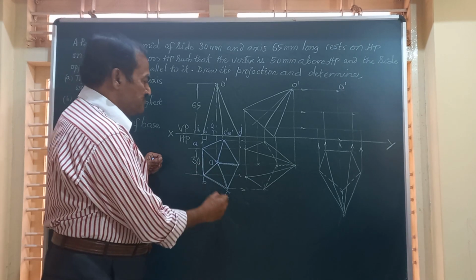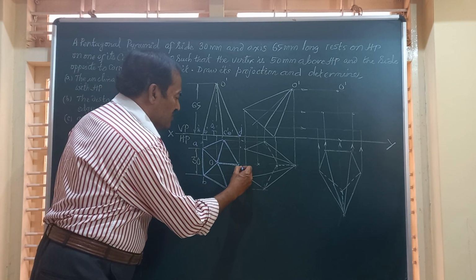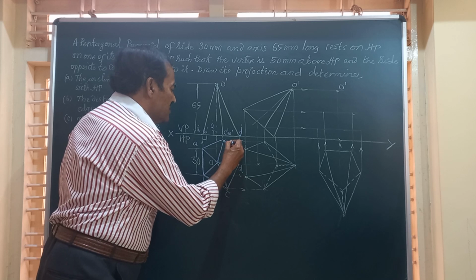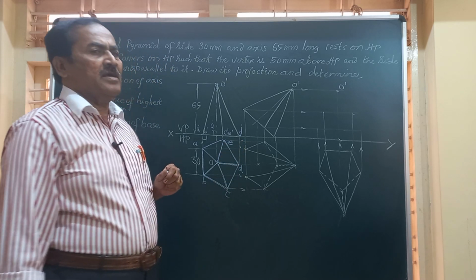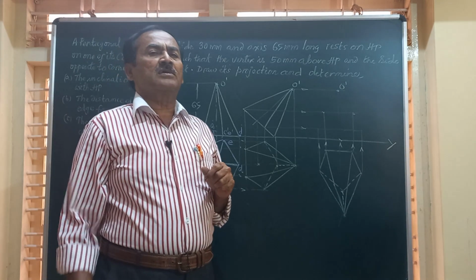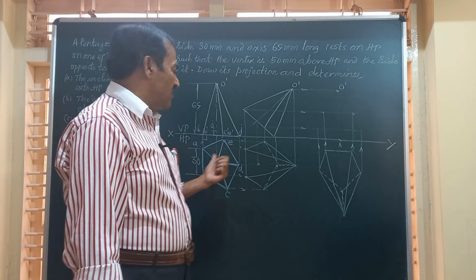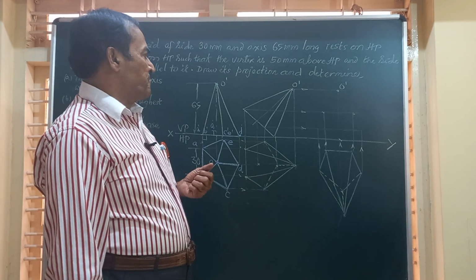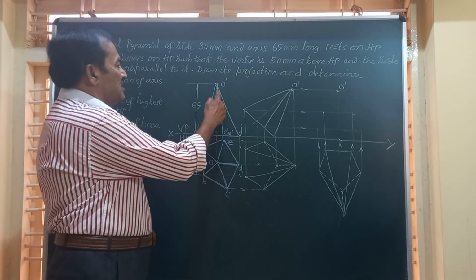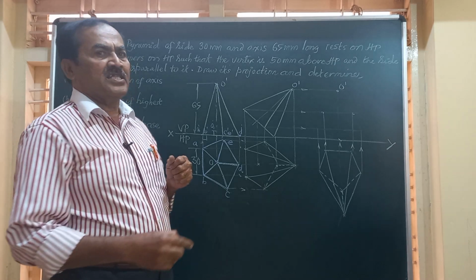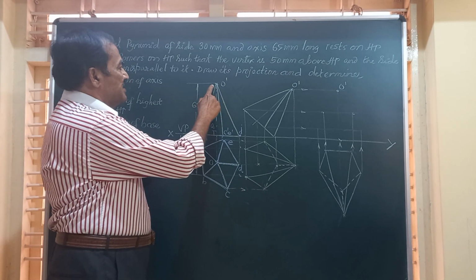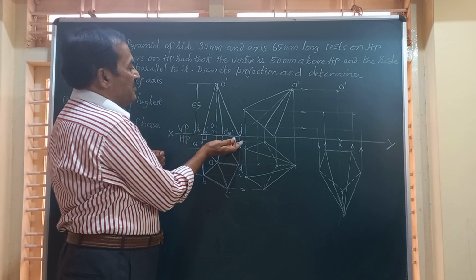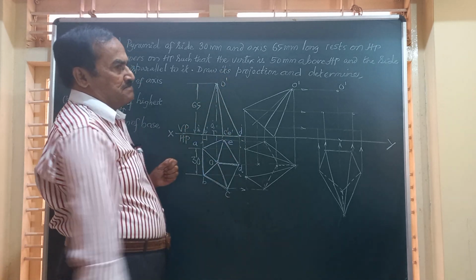Now friends, these points you have marked in the top view and front view, and this position is very important and it has to be marked correctly. Even numbering of the corners and the slant edges should be done correctly. Friends, you can see here that the vertex of the solid in the front view is represented by O dash, which is at a distance of 65 millimeter from HP.